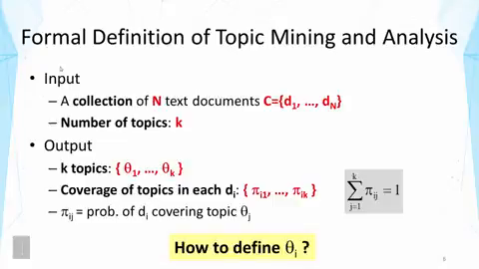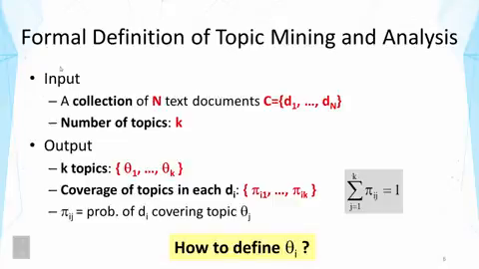Now the output would then be the K topics that we would like to discover, denoted as theta sub 1 through theta sub K. Also, we want to generate the coverage of topics in each document, D sub i, and this is denoted by pi sub ij. And pi sub ij is the probability of document D sub i covering topic theta sub j. So obviously for each document we have a set of such values to indicate to what extent the document covers each topic.